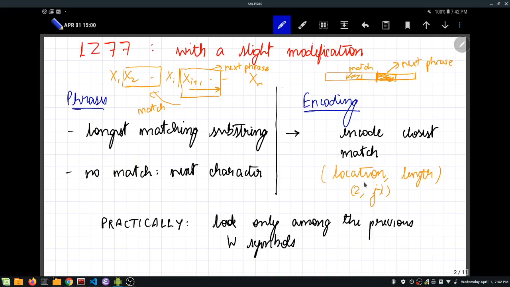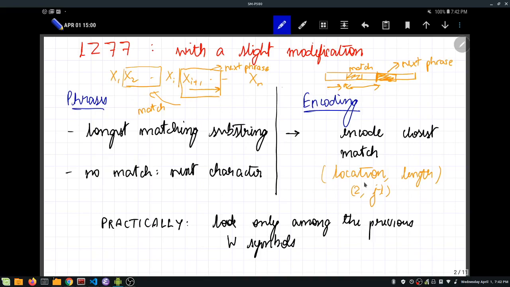This is the start location and the distance, so this would be what you would store. What you can instead do is store how far the starting location is from the current symbol. So instead of looking forwards from symbol 1, you can look backwards from symbol i plus 1.